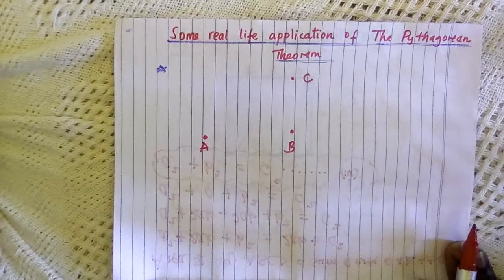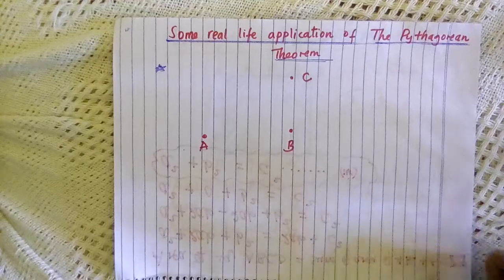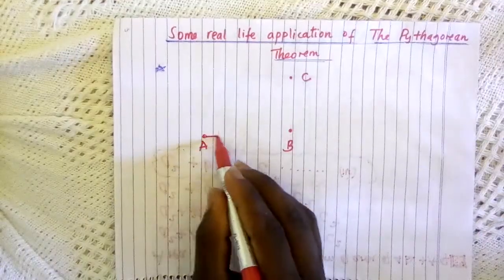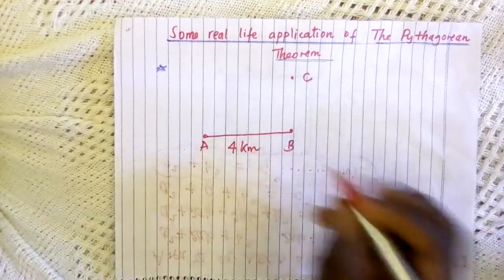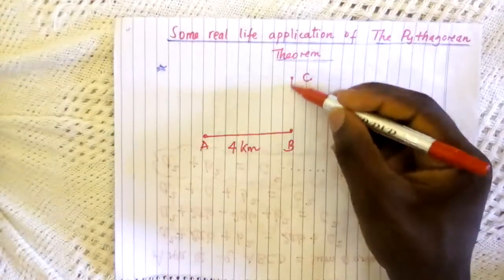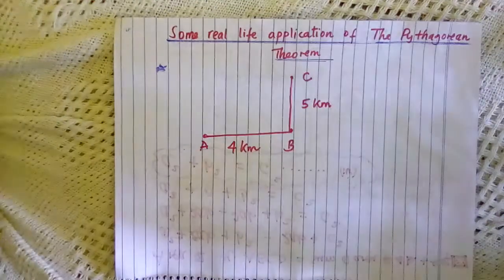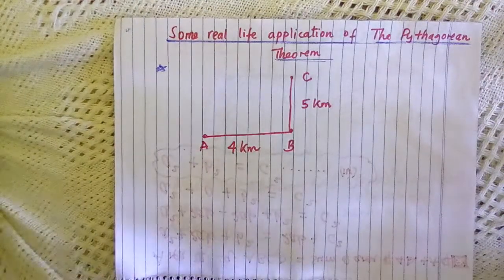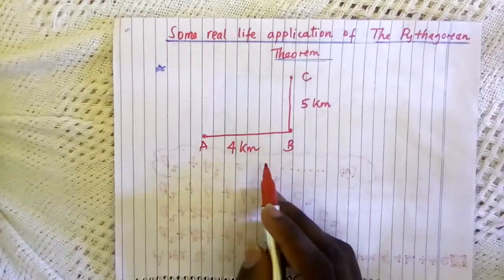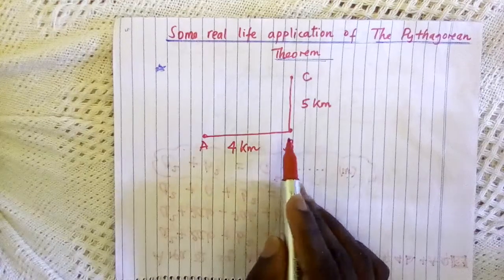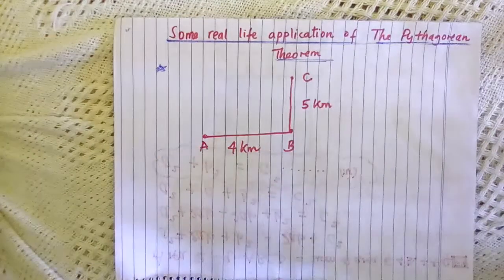You can use the Pythagorean theorem to find the shortest distance on the Earth's surface. Now we are told that from point A to point B is 4 kilometers, and from point B to point C is 5 kilometers. If you have understood the Pythagorean theorem, which route are you going to take? Are you going to run from point A to point B to point C, or do something else?